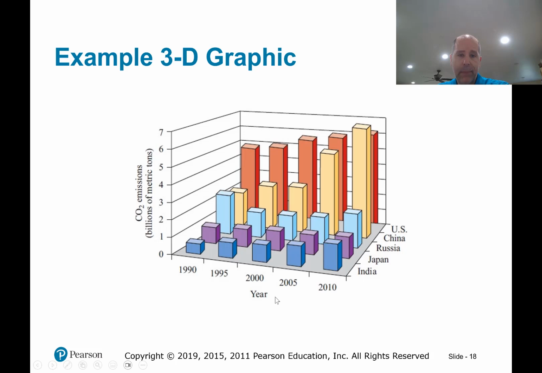For example, here, this is a graph that is really busy. There's a lot going on here, and it's tough to see where to compare, especially like here. It may not necessarily be obvious that the light blue bars are taller than the purple bars, because again, there's a depth to this that you have to consider.